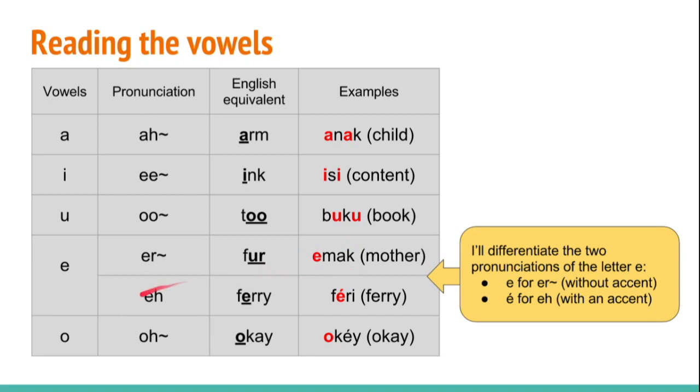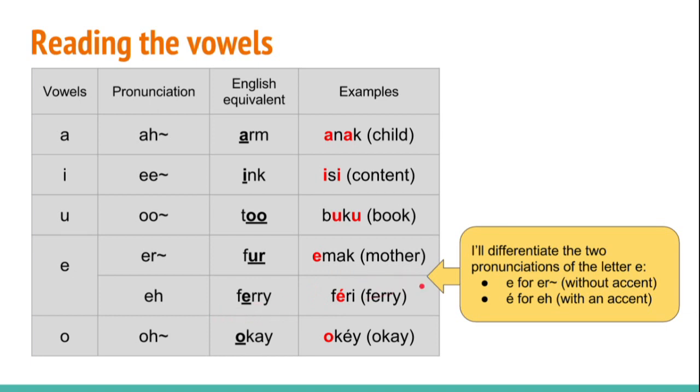Next, for the second sound, an example is the word ferry. In English, the word ferry has an air sound, ferry, airy. And not surprisingly, in Malay we have this word ferry as well. So it's pronounced ferry.